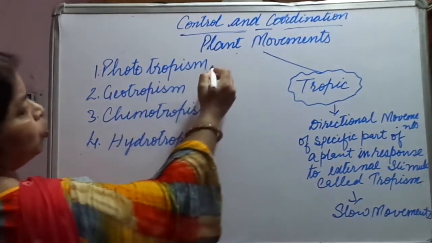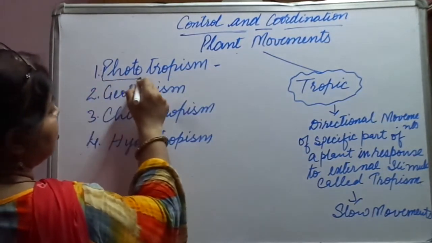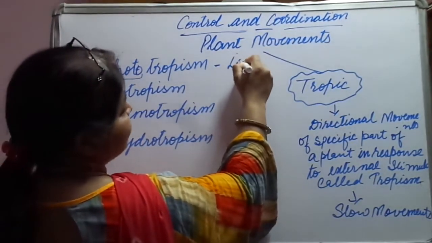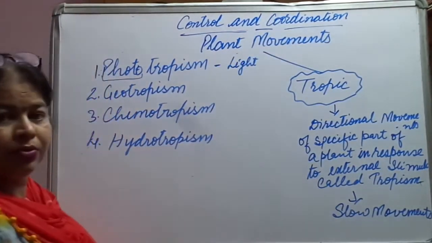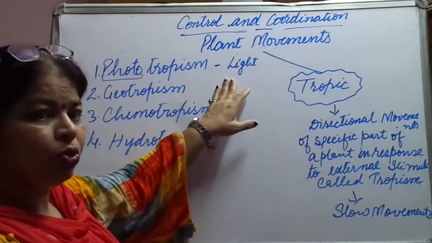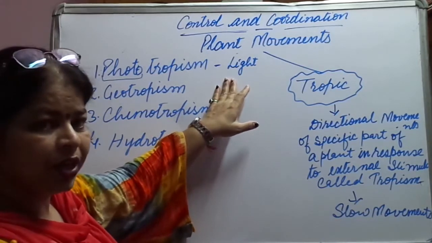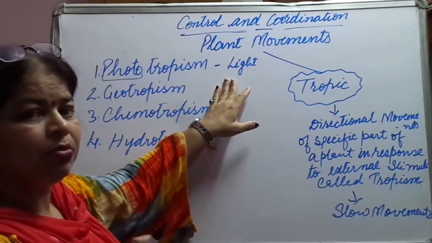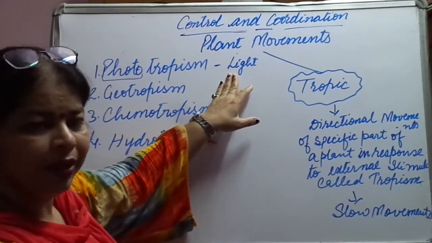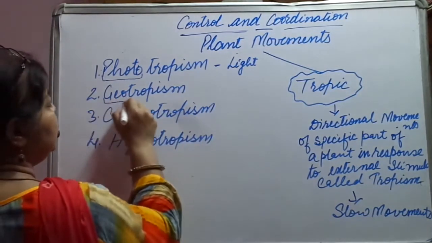If I talk about phototropism, photo means light, so the stimulus is light. The part of the plant is going to show a change in its configuration or some growth when it responds to light. Then the second one, geo.